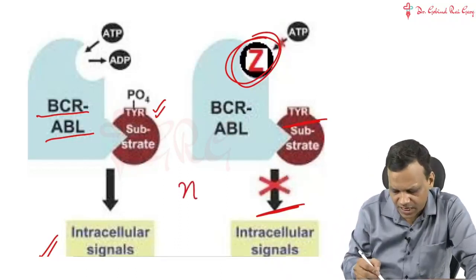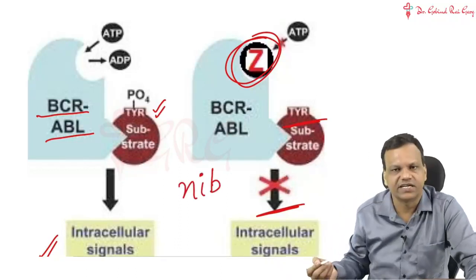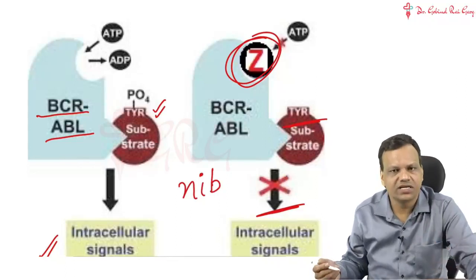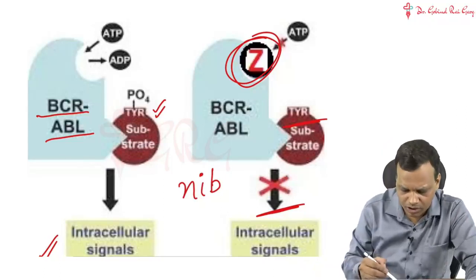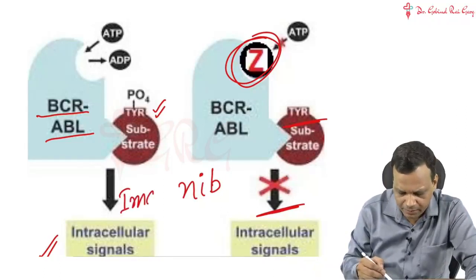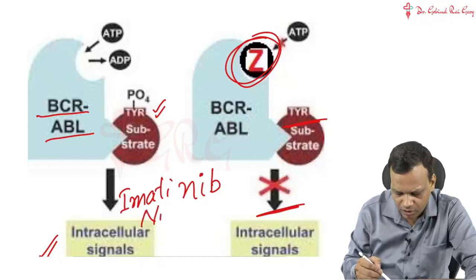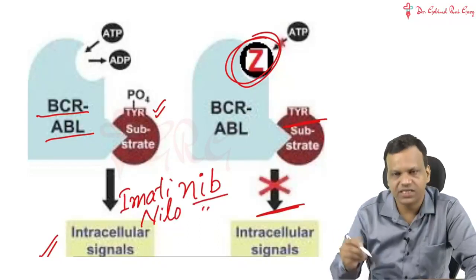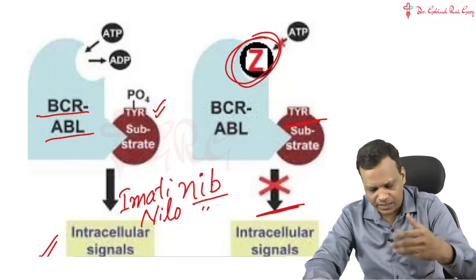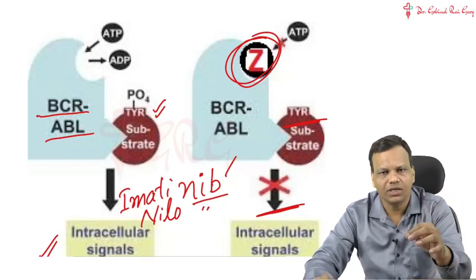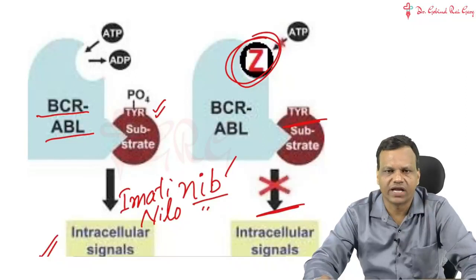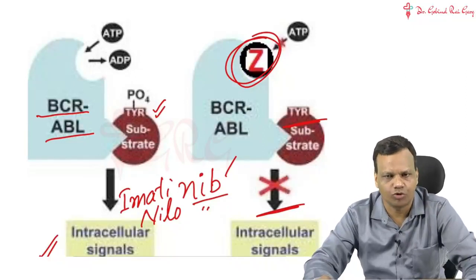So these are the drugs which end with NIB. Drugs ending with NIB. Here the BCR-ABL fusion is there. So basically these drugs are used in chronic myeloid leukemia, like imatinib. So imatinib, nilotinib, drugs like these inhibit the tyrosine kinase, and imatinib is the drug of choice for chronic myeloid leukemia, and it is also the drug of choice for gastrointestinal stromal tumors.